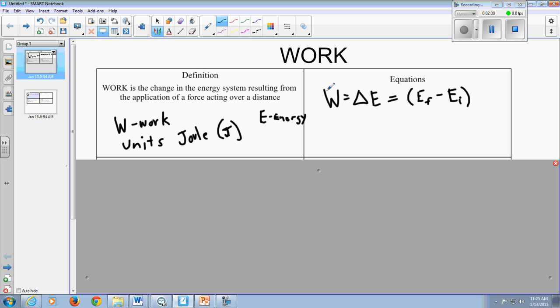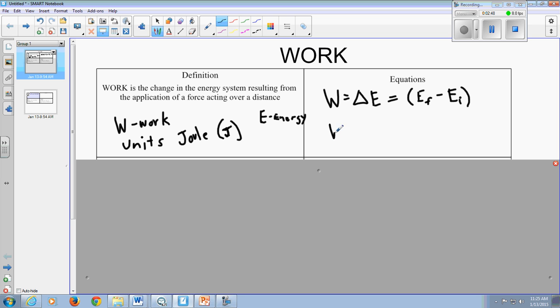That's the first thing that work is, and we're going to come back to this. This isn't the only equation that deals with work, and we will come back to that.